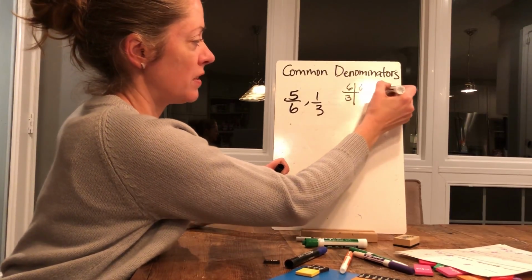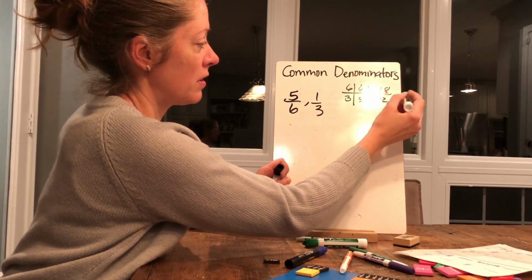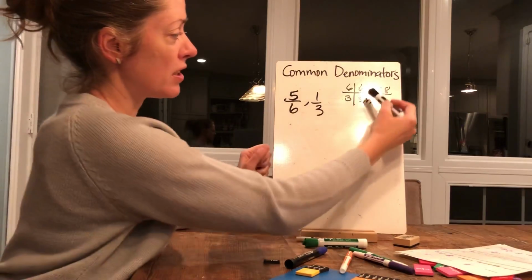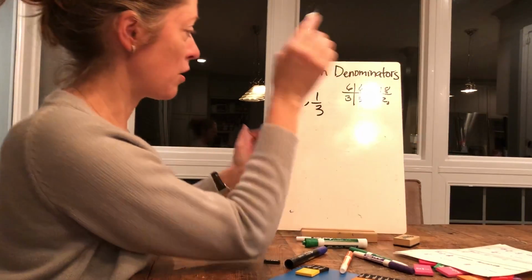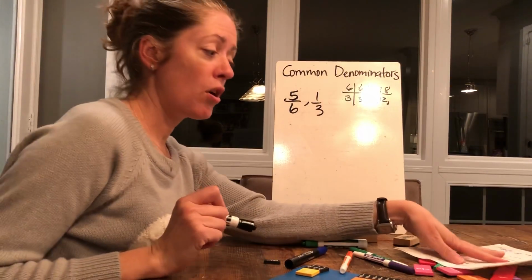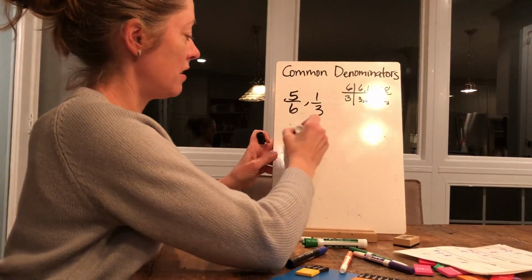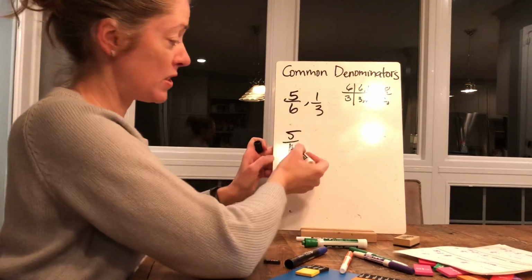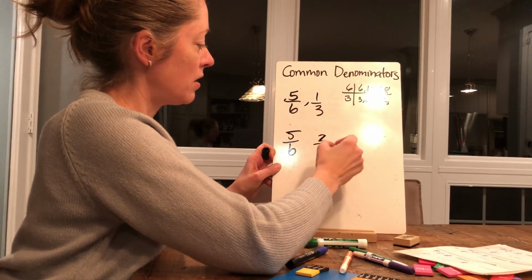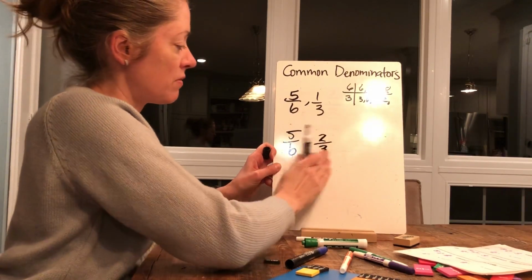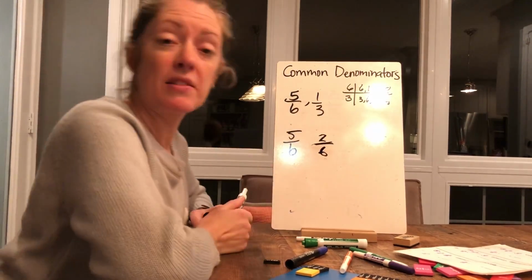6, 12, 18; 3, 6, 9, 12, etc. And then you can see, oh look, 6, 12 are common ones. So in this instance, there are several correct answers. If you did 6, this one would stay the same as 5/6, and then the 1/3 would become 2/6.